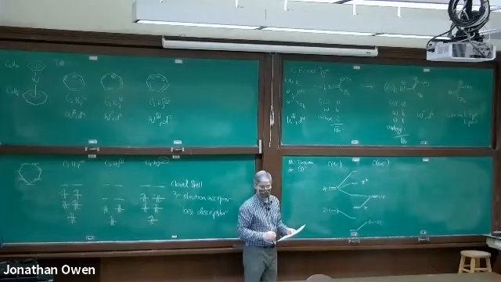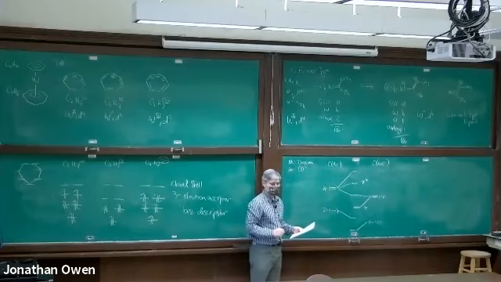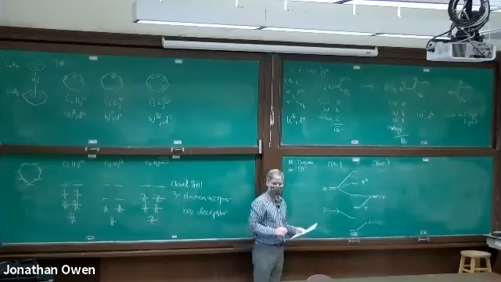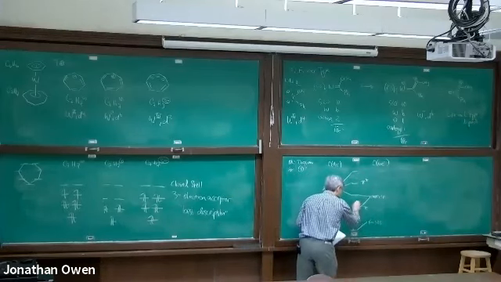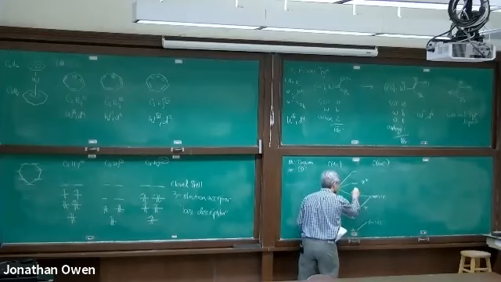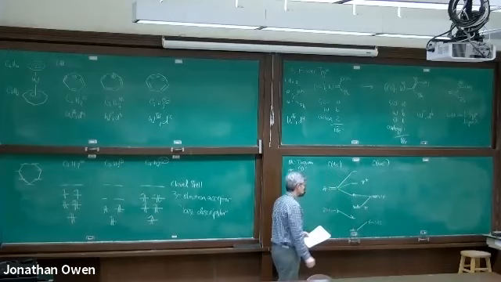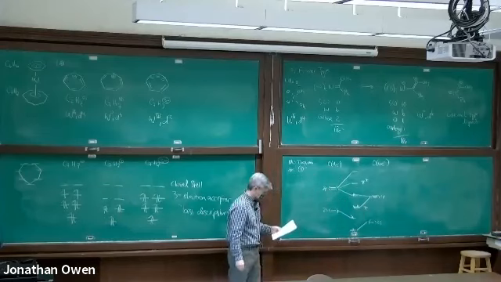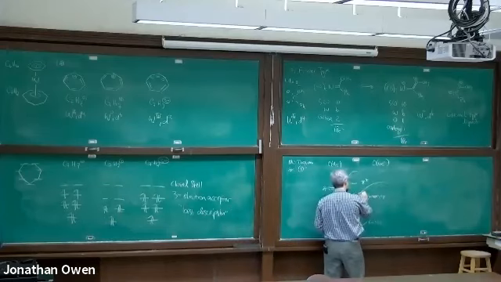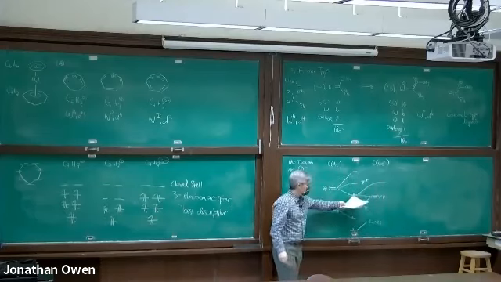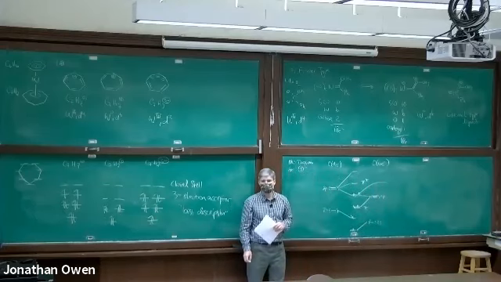So let's put some electrons in. We had 4 on the carbon, 6 on the oxygen. 1, 2, 3, 4, 5, 6, 7, 8, 9, 10. Okay. How would you describe that pair of electrons?